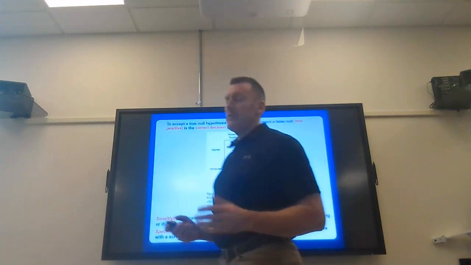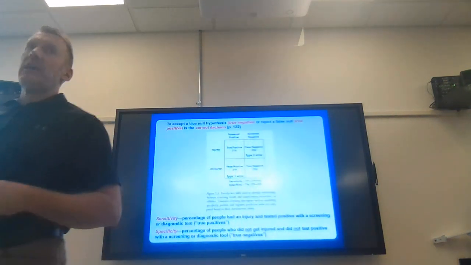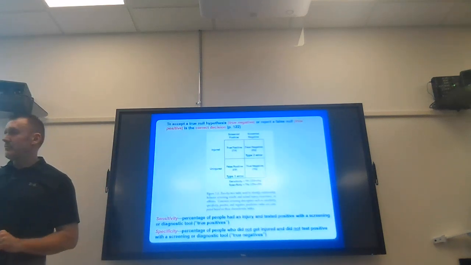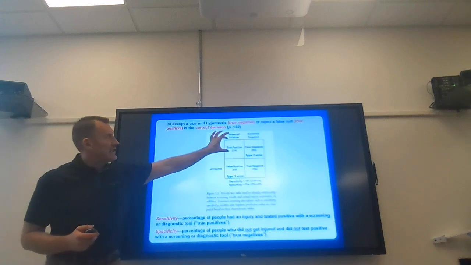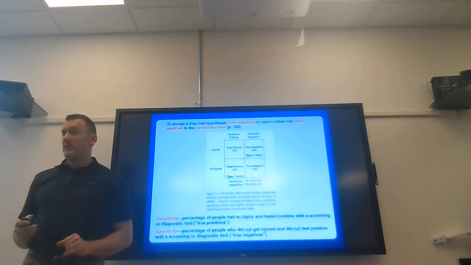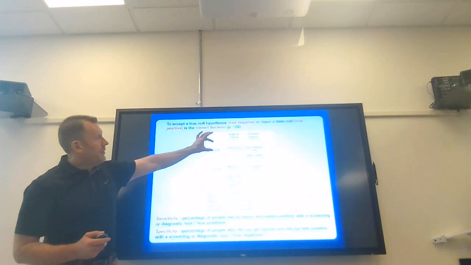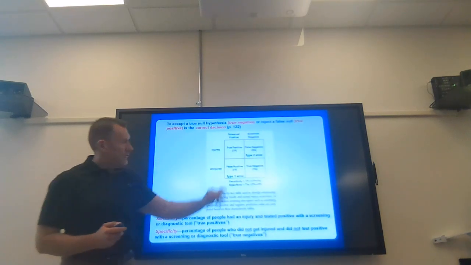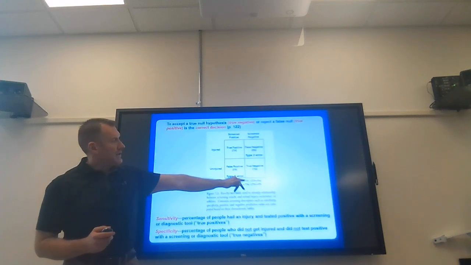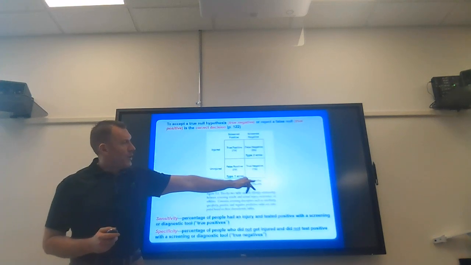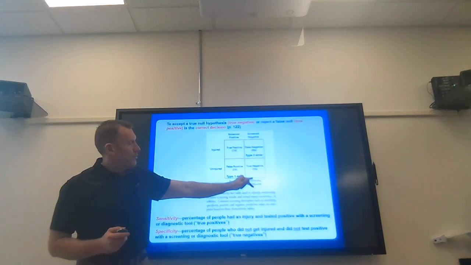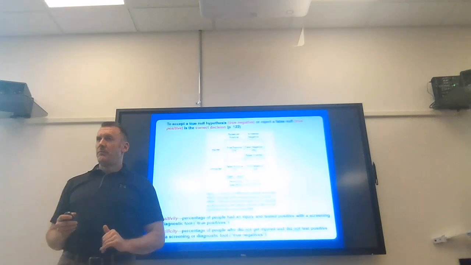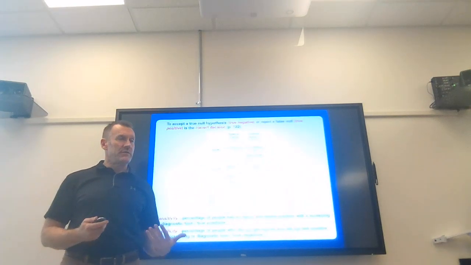So a couple of terms that are associated with this 2x2 table. So sensitivity of the test is the percentage of true positives. So if you took all the people across this row, all the people that got injured, and you divide your true positives by the total people in this row, your true positives plus your false negatives, that would give you your sensitivity, your percentage of true positives.